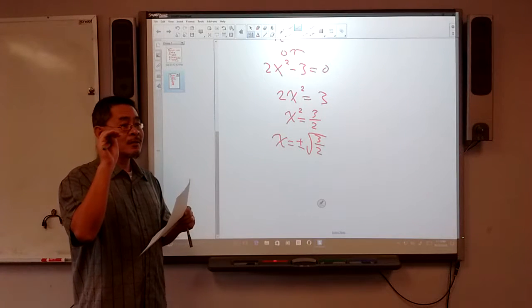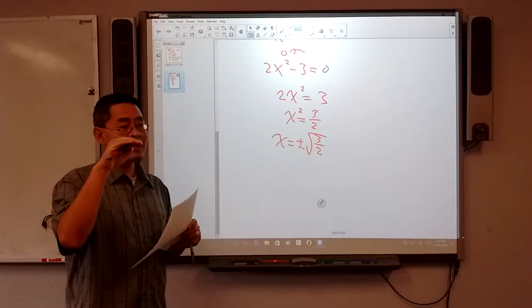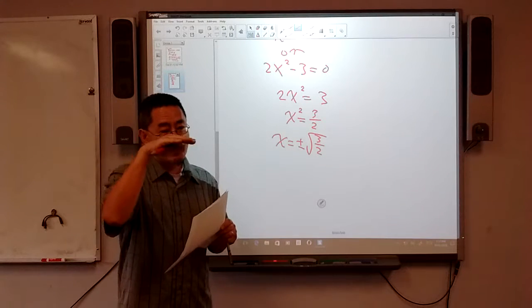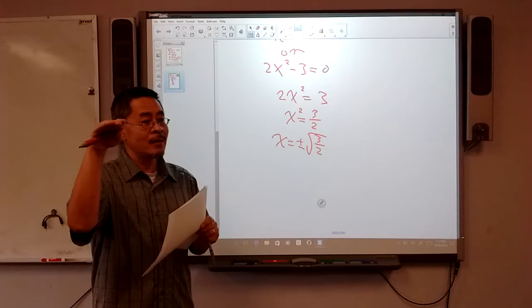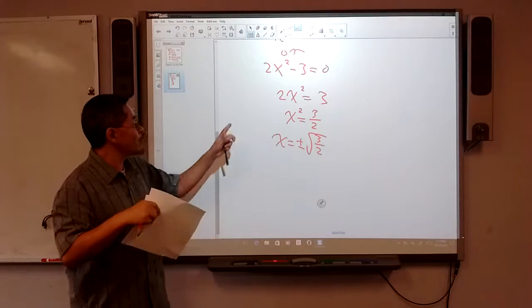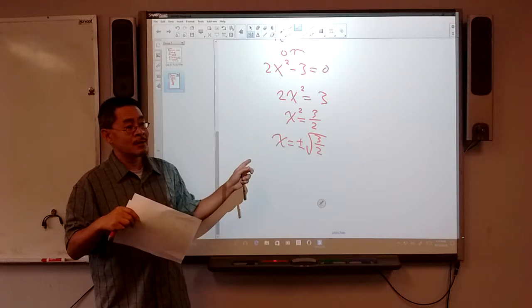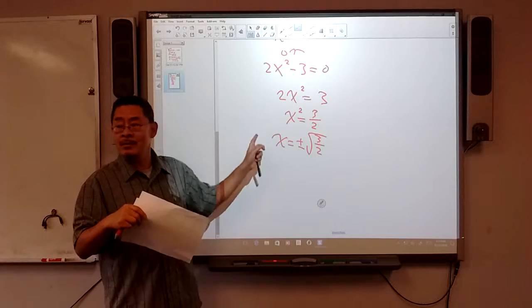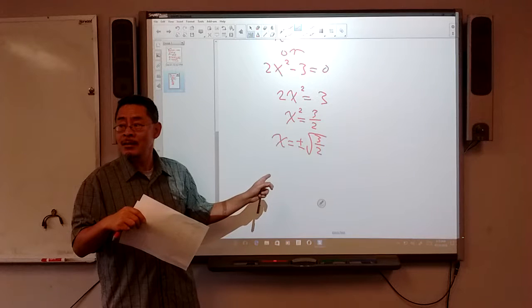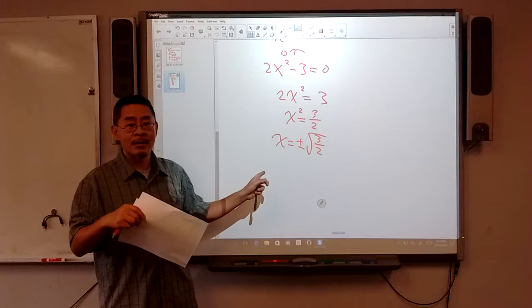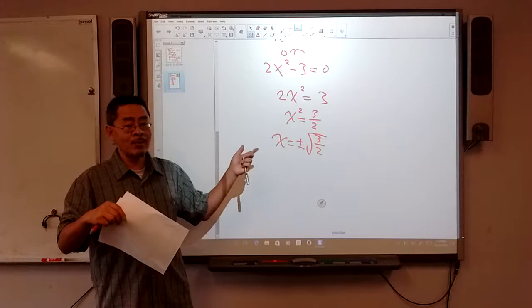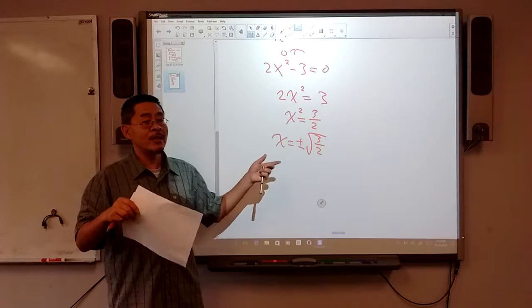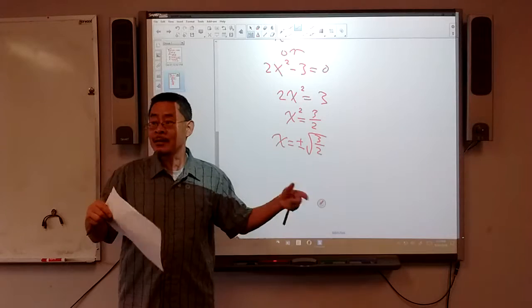So far we only found the x coordinates. Are we done here? They're asking for points, and when we talk about points, we need the x and y. That's a point on the graph.